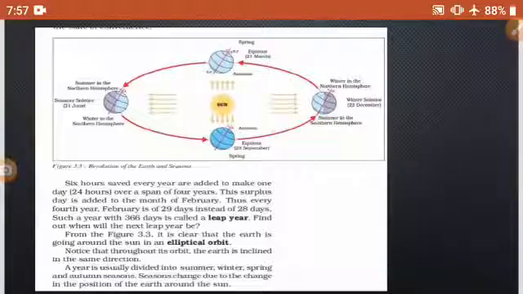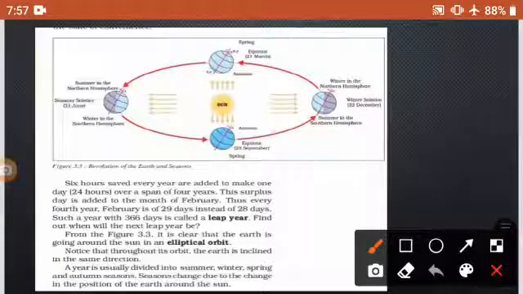Now, from figure 3.3, it is clear that the Earth is going around the Sun in an elliptical orbit. Notice that throughout this orbit, the Earth is inclined in the same direction. A year usually divides into summer, winter, spring, autumn seasons. Seasons change due to the change in the position of the Earth around the sun. So we see that the earth is inclined in the same direction. We see that it is tilted in this direction, and we experience different seasons.